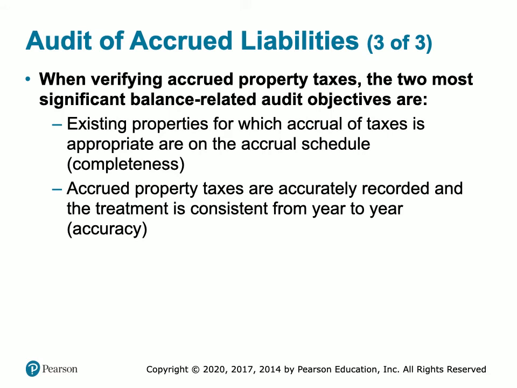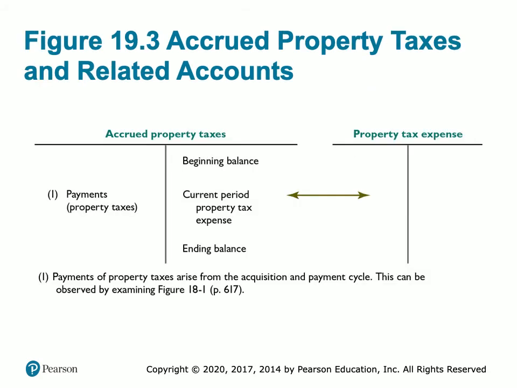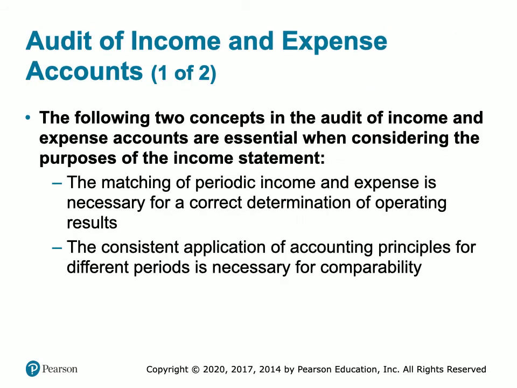So your property taxes are caught up. If you're non-December 31st year end, like a January 31st, then you will have accrued property taxes. Even though you paid in December, you still owe for the second half of the tax fiscal year, which ends June 30th, and so you'll have 1 month accrual of property taxes. And again, you're looking for consistency as well.